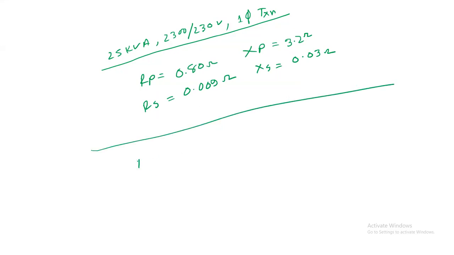Now you measure, first, the primary equivalent resistance, which means RE single prime, and the primary equivalent reactance, XE single prime, and the primary equivalent impedance.